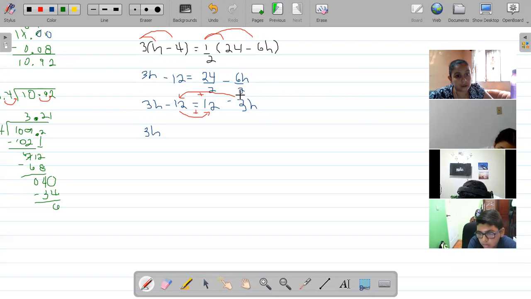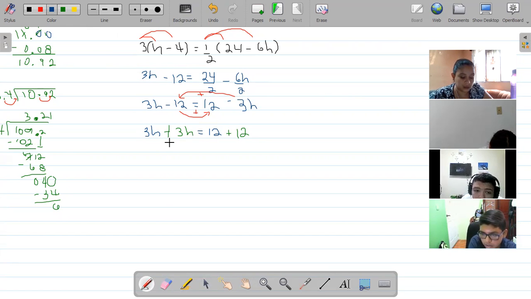I'm going to place in green the one that I'm moving, plus 3h equals to the 12 that I have in there already, plus the 12 that I'm moving. And I'm ready to simplify. 3h plus 3h, 6h.